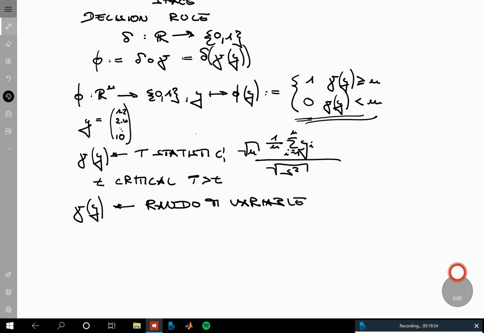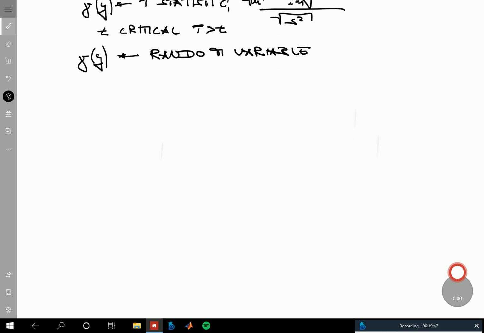So the probabilistic machinery in testing kicks in at the level of the test statistic, and related to that is this notion of a rejection region, because it makes clear that how the test behaves has a lot to do with how the test statistic behaves probabilistically.